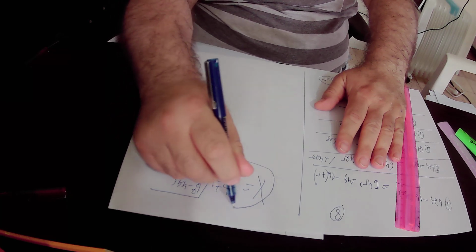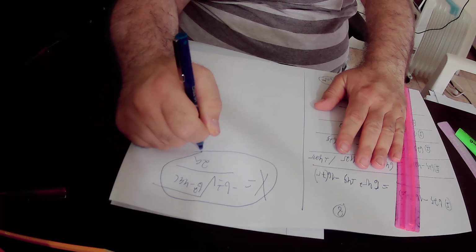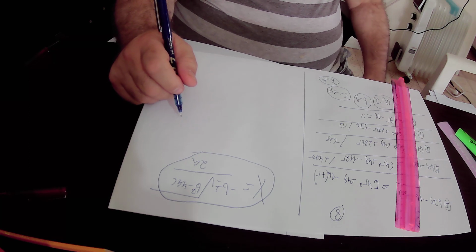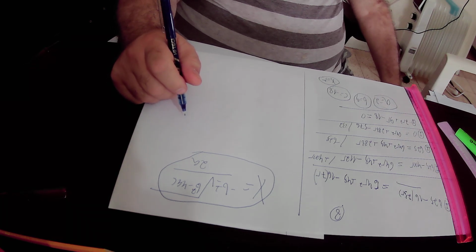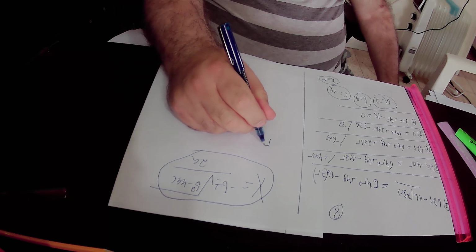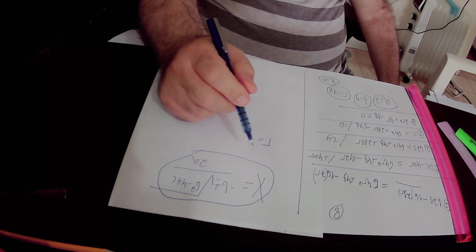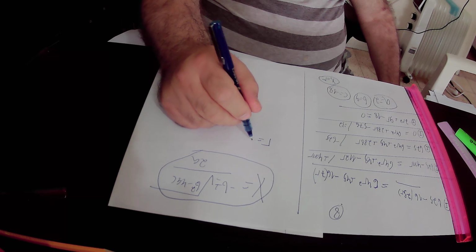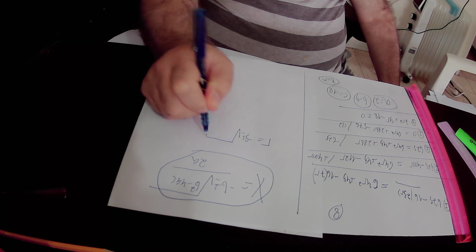A, B, and C are the coefficients of the quadratic equation, and x is the variable that we are looking for. In our specific quadratic equation, the variable we are looking for is r, so we substitute x by r. So here we put the data inside this formula, and we find that r equals minus B, B equals 9, so minus B is minus 9, plus minus square root of B squared.